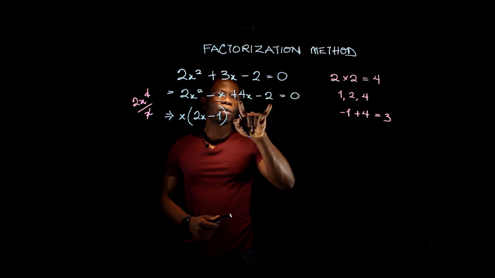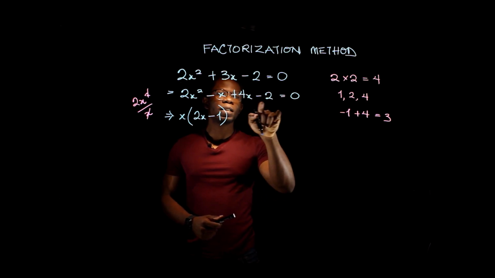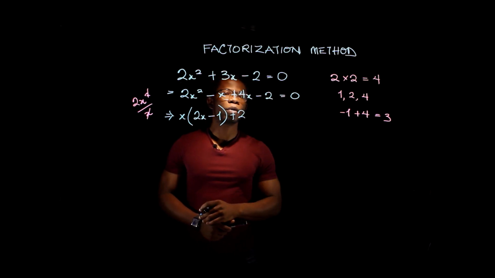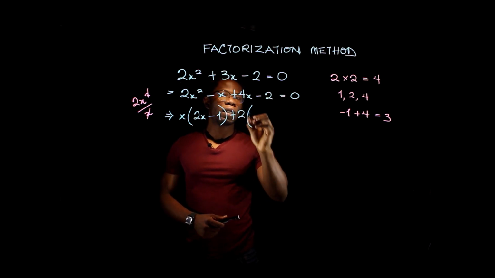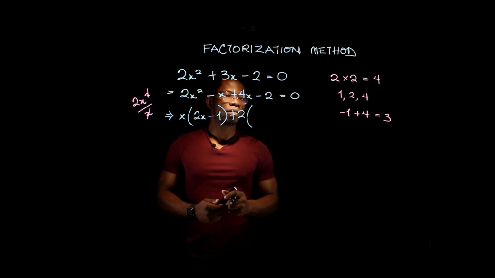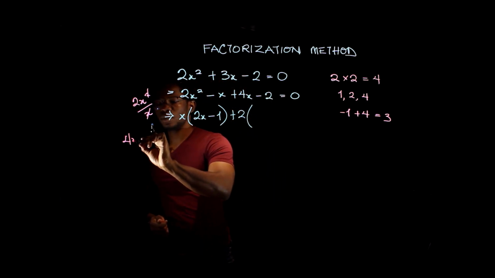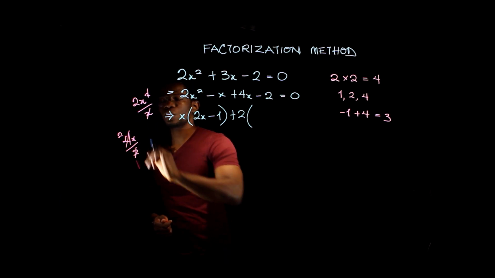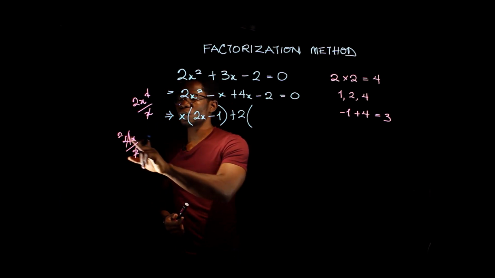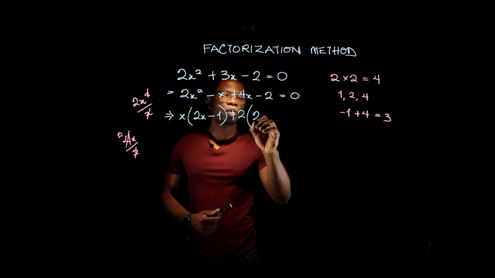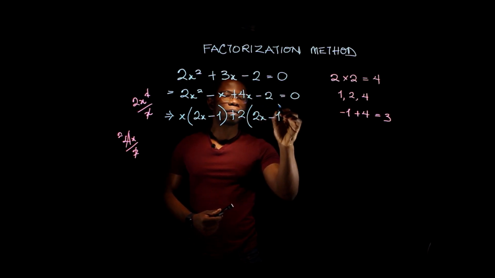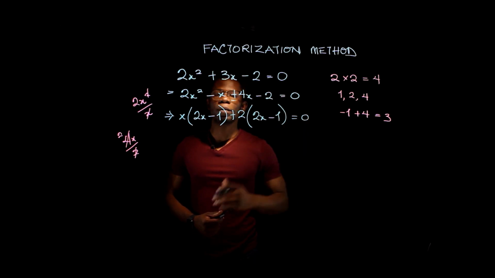Then we go to the next two terms here. Plus 4x minus 2. Here, 2 is common to both terms. 4x divided by 2. 2 cancels out 4 here to give us 2. So we have 2x remaining. So this is going to be 2x. And minus 2 divided by 2 is equal to minus 1 equals 0.